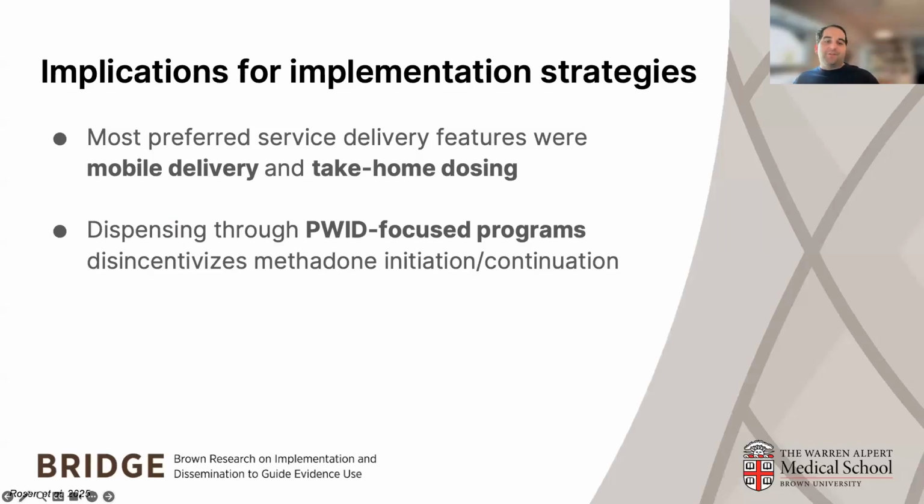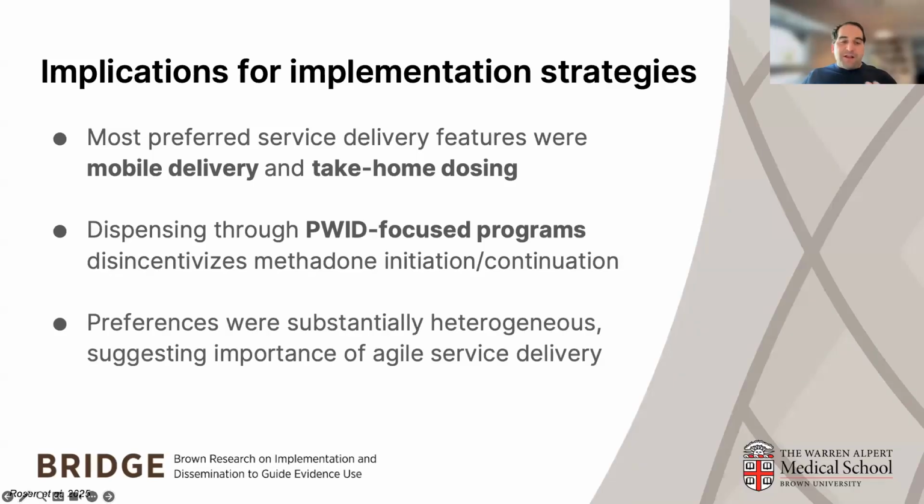Oftentimes, dispensing through existing methadone clinics that were concentrated with clients or individuals that were mostly male and were people who were injecting drugs might actually disincentivize methadone induction and continuation for this population. And then the preferences were also substantially heterogeneous.